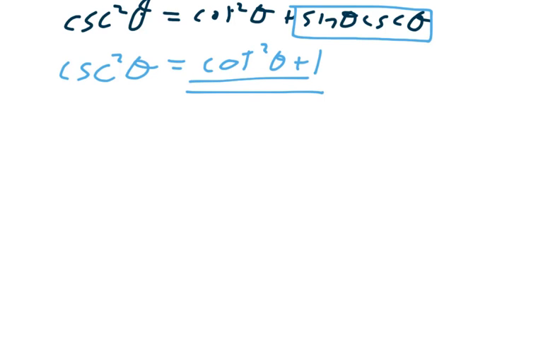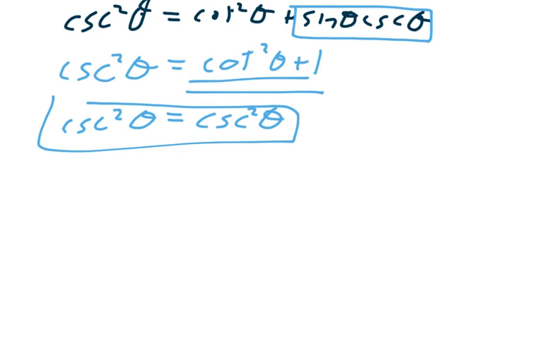And if you notice in our Pythagorean identities, cotangent squared plus 1 turns out to be the same thing as cosecant squared. So that's one way to do problem number 33.